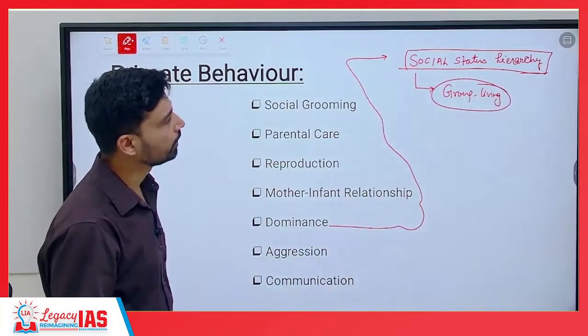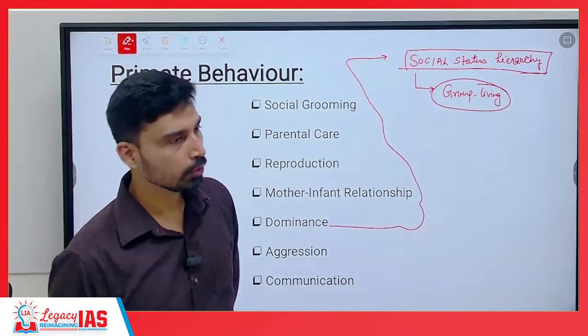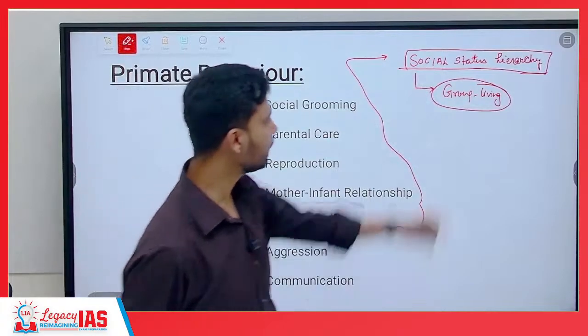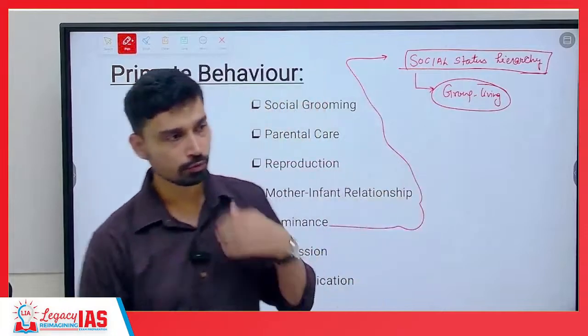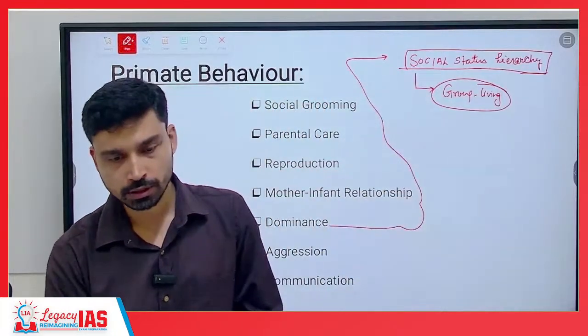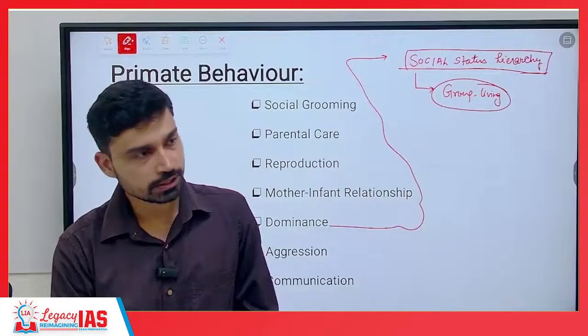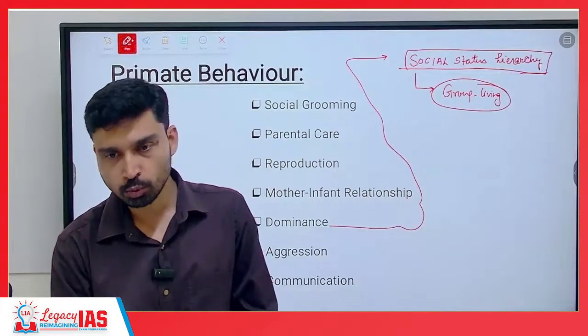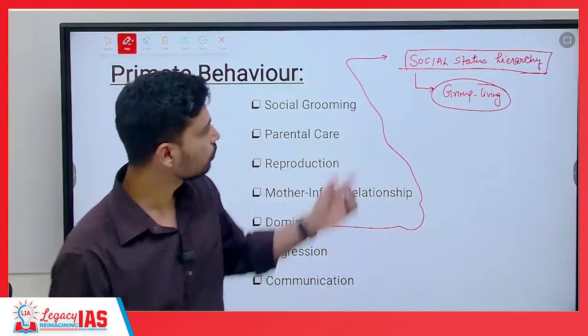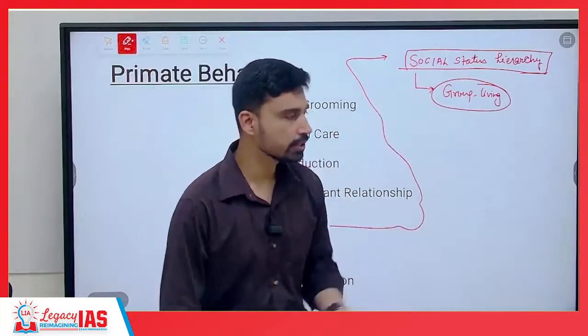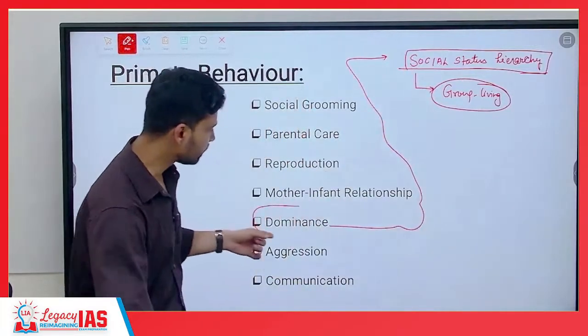And in a group, if you want to have cooperation, if you want to ensure the survival of the group, what is required? You need to have proper understanding of who is the most important individual, or whose decision is the final, binding one. No one can question his decision. So in group living, the social status hierarchy is required, and that is exhibited by the dominance.